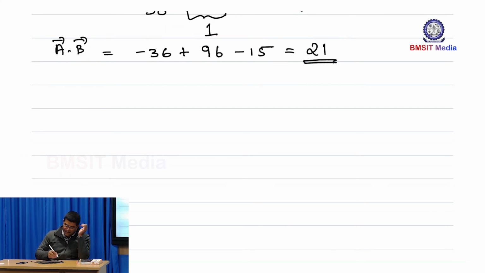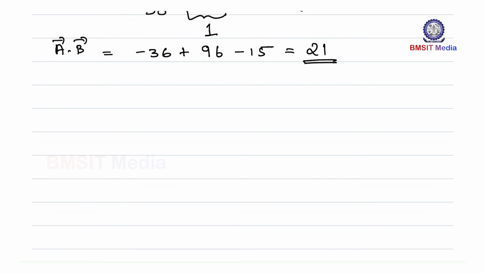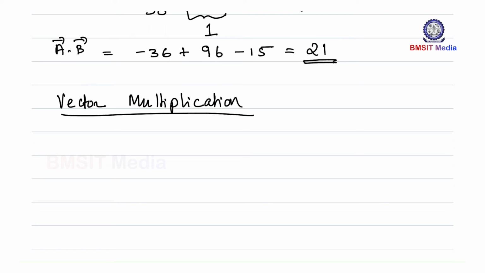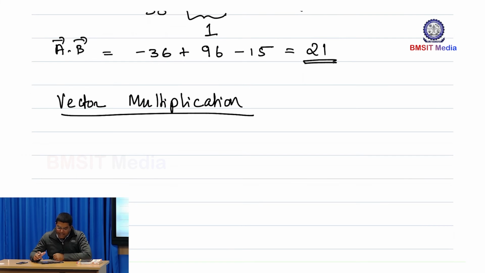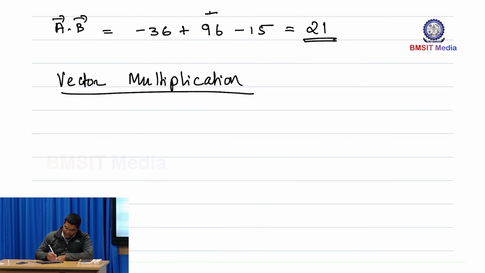So now comes the second multiplication, that is called the vector multiplication. Okay. So in vector multiplication, we will be multiplying vector A and vector B in a different way. So we will call it as cross product. So the notation for cross product is like this: vector A cross vector B. So in this, basically what happens is, we will be using the standard definition of the cross product.